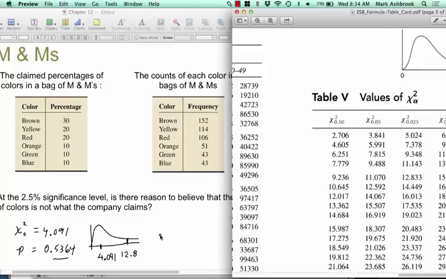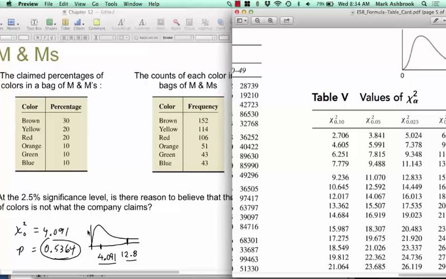So we're definitely not going to reject here, right? That makes sense. But this is so much less than 12.8. We're not even close to rejecting this. And if we did, there's a 53% chance we'd be wrong, okay?